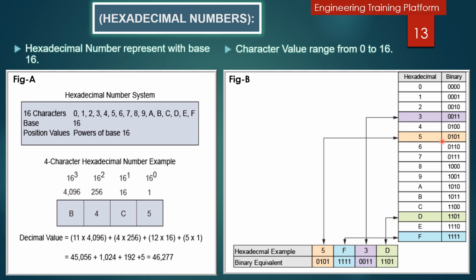The 5 is equal to the binary number 0101, F is equal to 1111, and then 3 is 0011. By this you can convert a hexadecimal number into a binary number. Here you learned about hexadecimal, how to convert a hexadecimal number into a decimal number, and how to convert a hexadecimal number into a binary number.